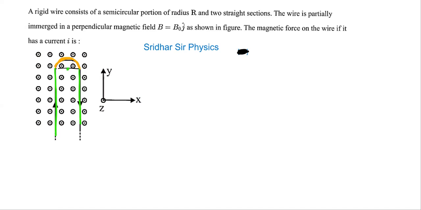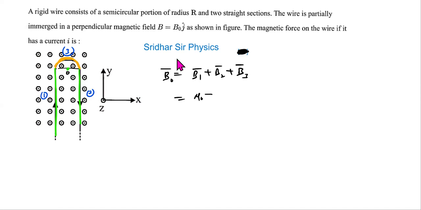We'll give numbering, this will be 1, 2, 3. So the net field at point O will be B1 bar, B2 bar, B3 bar.